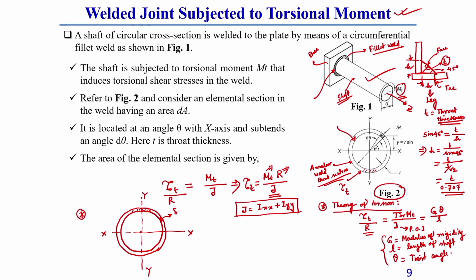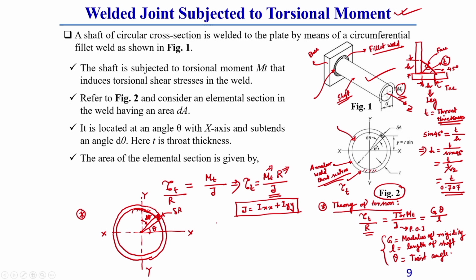Let us consider this small element has an area dA, which makes an angle theta with the x axis, and let this small element make an angle d theta. So, this is our delta A.